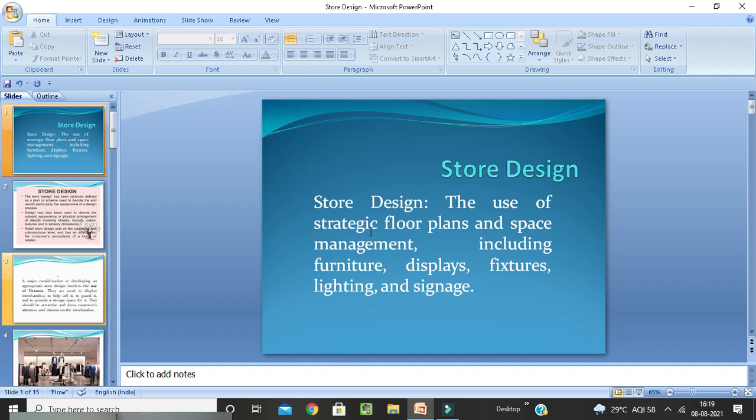And space management: we should create space so that the customer can walk freely and simultaneously exchange their ideas, with a comfortable zone. It should include furniture where the customer can have a satisfaction level while sitting, or utilization of the furniture, displays or fixtures, lighting and signage. So all these things are included in store design.